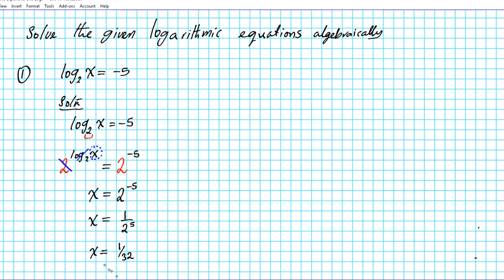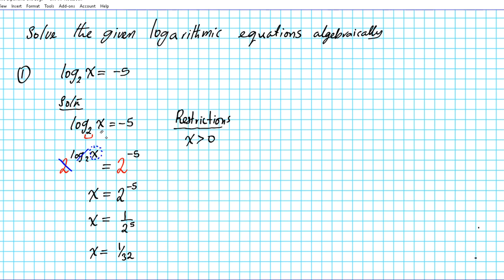Alright, so does this answer satisfy the domain restrictions for this problem? The restrictions are as follows, because we know that there are restrictions on the domain of log. So the restriction for this particular problem is that the logarithmic argument, namely x, has to be greater than 0. You can't find the log of 0 or anything less, only things that are greater than 0.